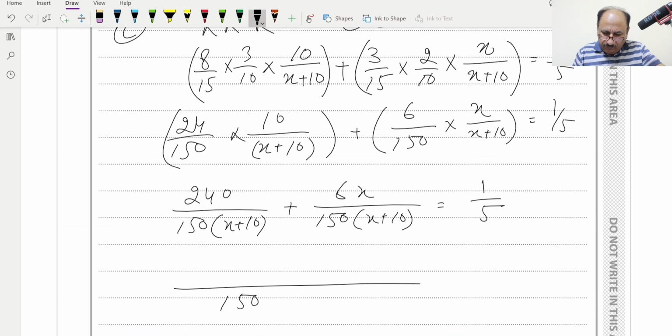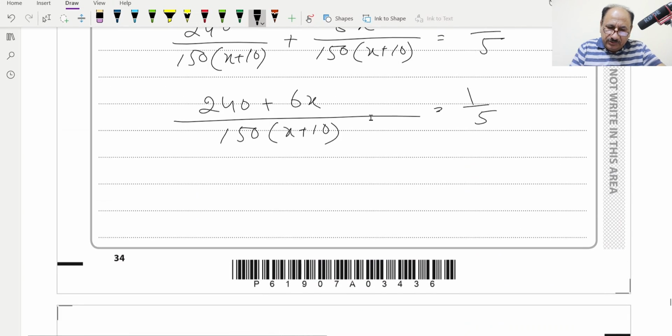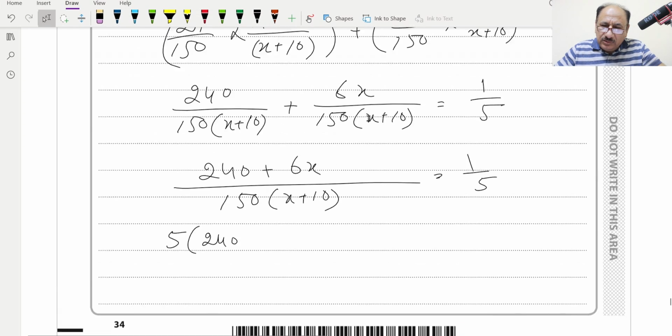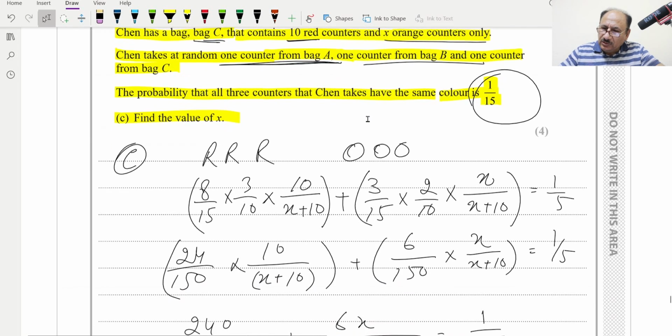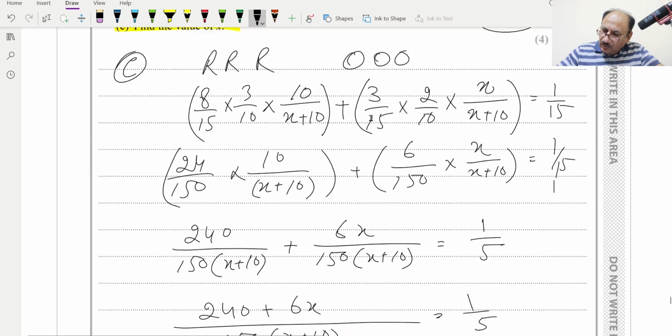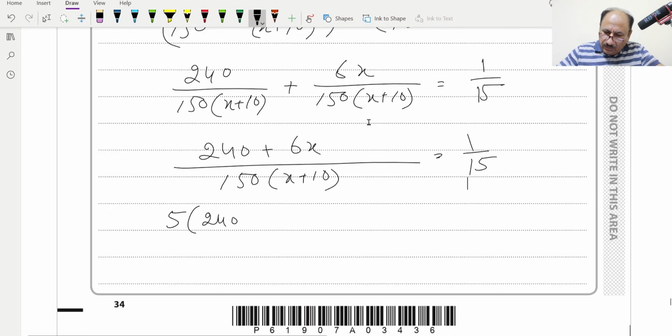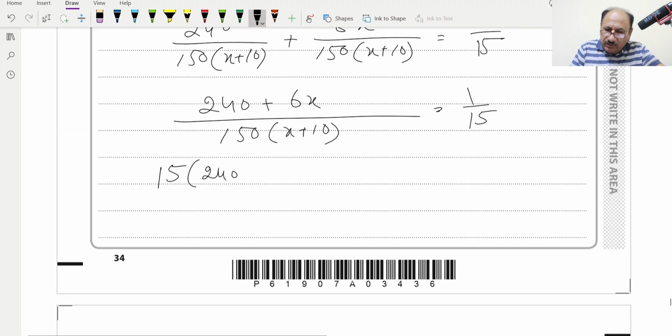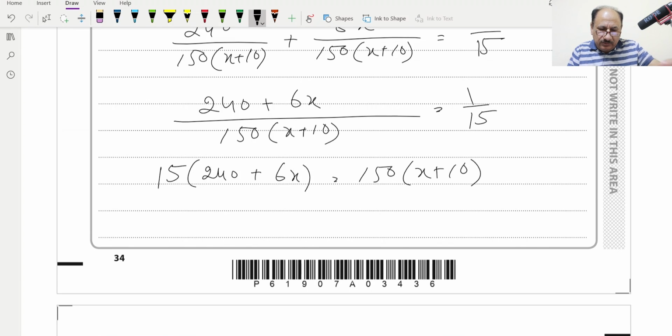This side will be 150 into X plus 10, and this will be 240 plus 6x, and this is equal to 1 by 5. Now we can cross multiply, and cross multiplication will result to 5 into 240, and this is not 5, this is basically 15. So this one I will rectify, this is 15 and this will be 15. So 15 into 240 plus 6x is equal to 150 into X plus 10, and further we can simplify.